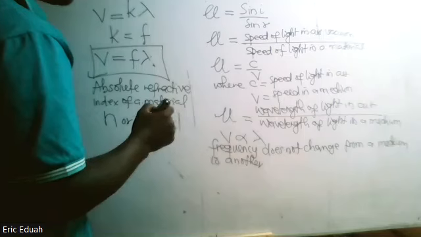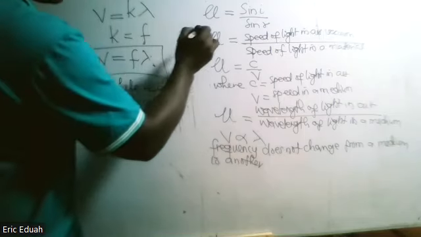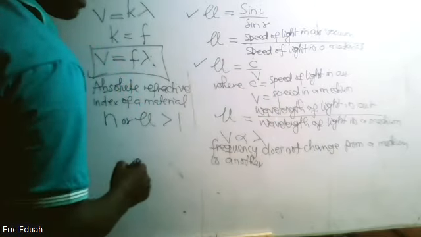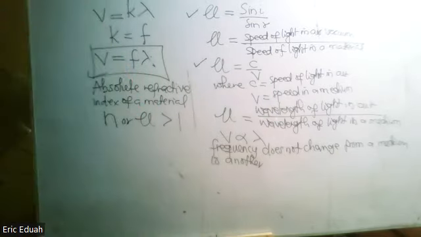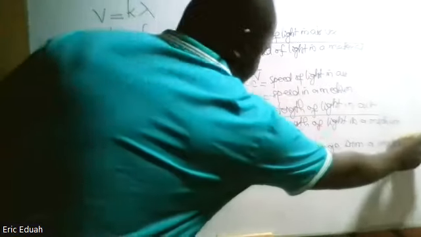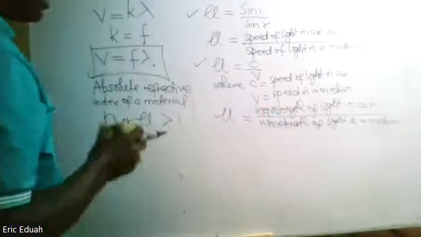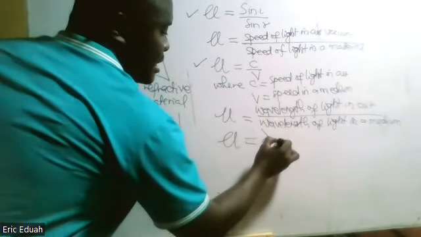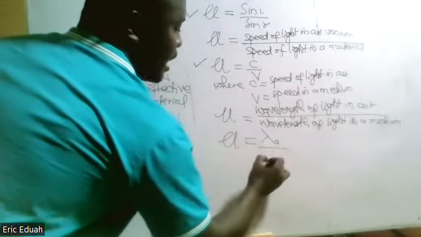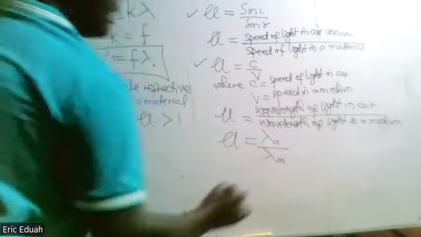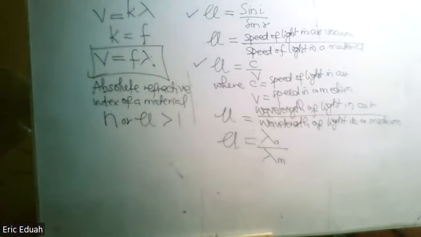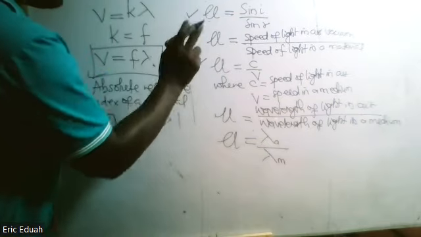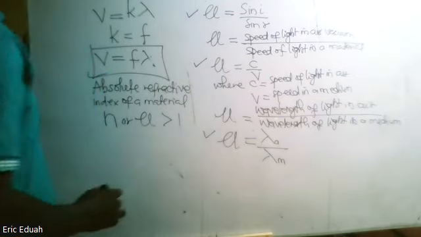I said absolute refractive index can be expressed as this. The last one, let me give a symbol representation: mu is equal to wavelength in air over wavelength in a medium. So we are expressing absolute refractive index in terms of 1, 2, then 3.